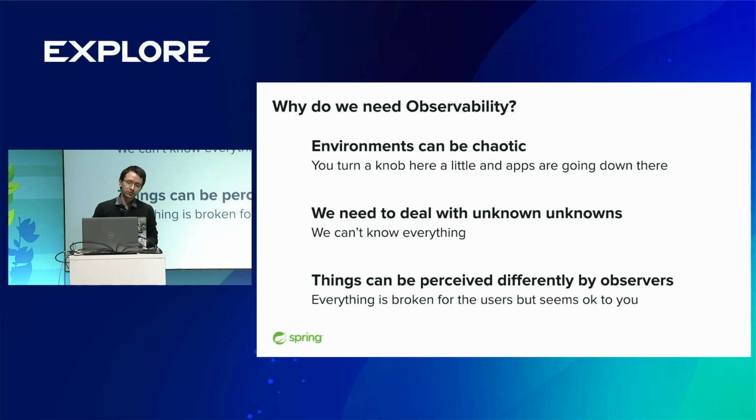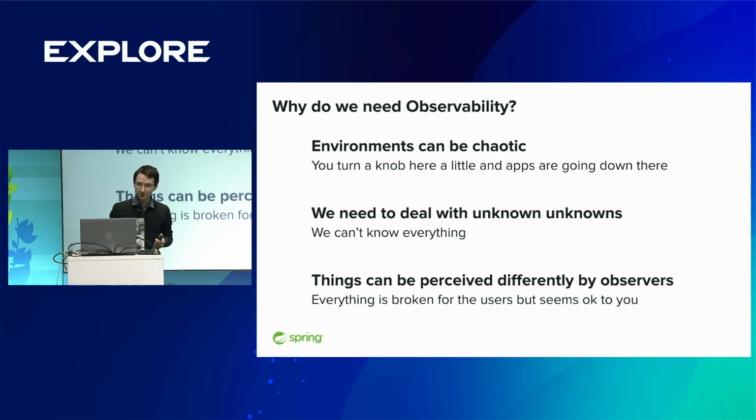Also, we need to deal with unknown unknowns. We cannot know everything. There will be things in your production environments that you don't even know exist, and they can bring production down. Also, things can be perceived differently by different observers, which means that maybe 100% is fine from your perspective, but at the very same time, everything is broken for your users. And that was the dark part.